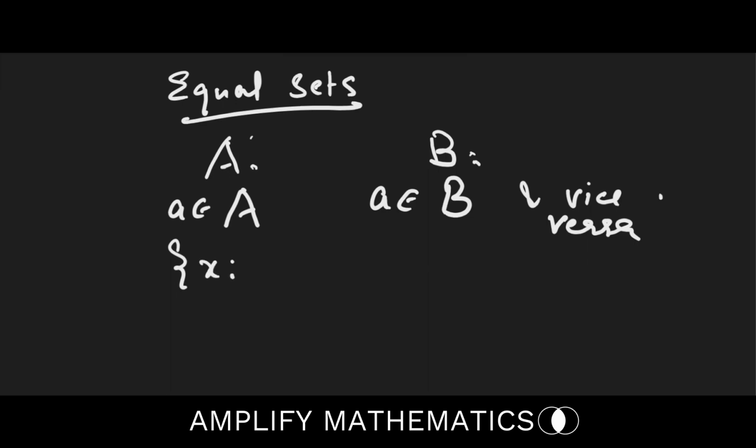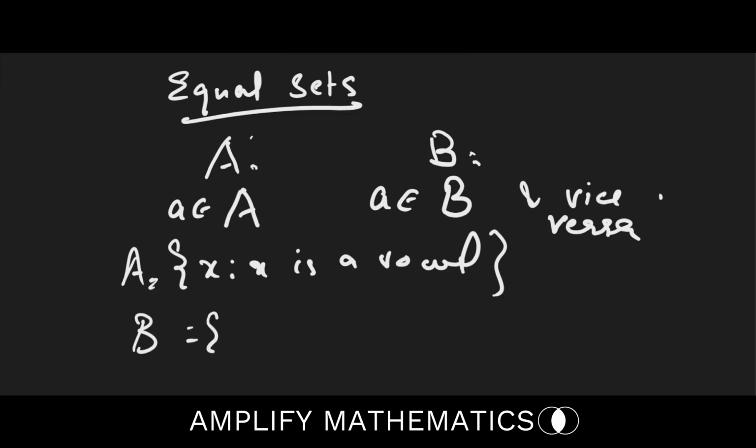Okay, so when we talk about equal sets, for example if I talk about all such x, their representation can be different, such that x is a vowel, and I write it as a, e, i, o, u. So A and B are equal sets because इसमें तो खैर सिर्फ रिप्रेजेंटेशन का डिफरेंस है, एक सेट बिल्डर फॉर्म में लिखा है, एक रोस्टर फॉर्म में लिखा है। ओके, but generally when do we say that two sets are equal?